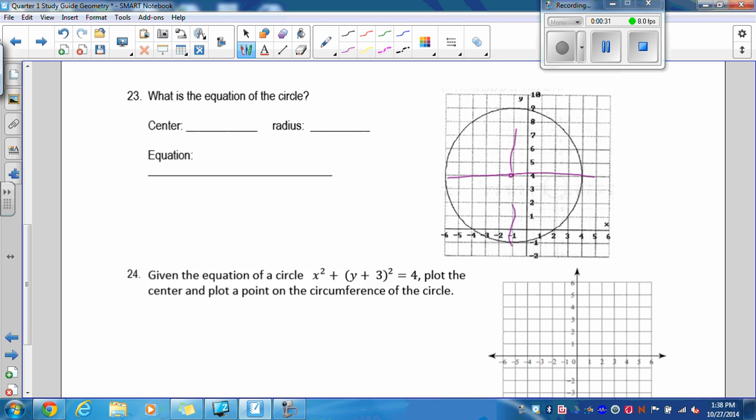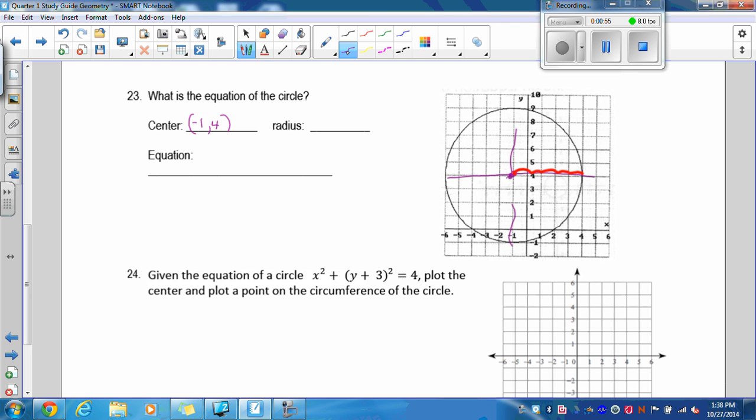So it looks like this point is about the center. So the center of my circle is -1, 4. Now I'm going to count my circle radius just by counting these. 1, 2, 3, 4, 5.